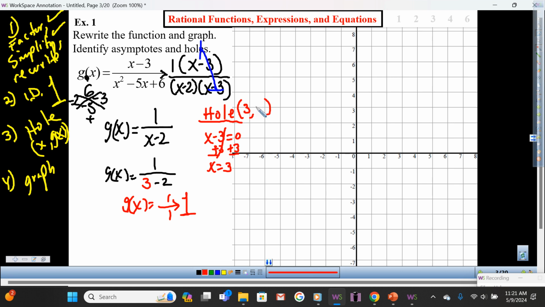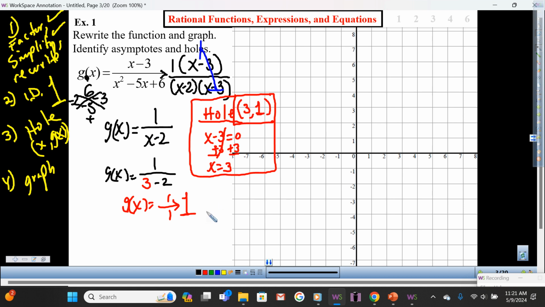So that's my other value here for the hole. Are we there? Okay. So, with that said, we have our hole, which is 3, 1. And now we can graph this.